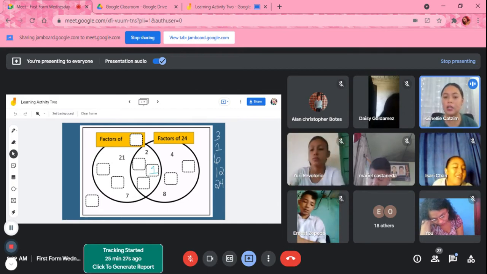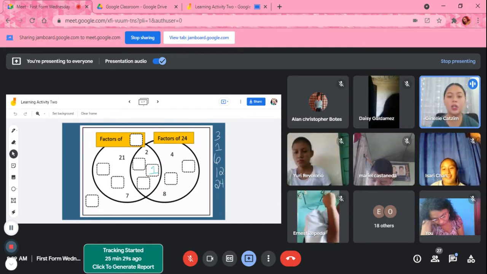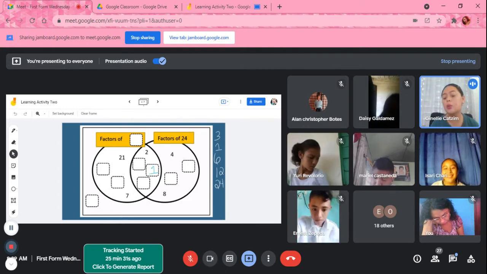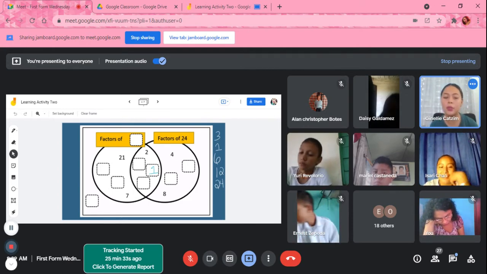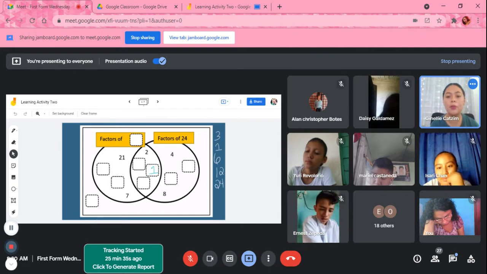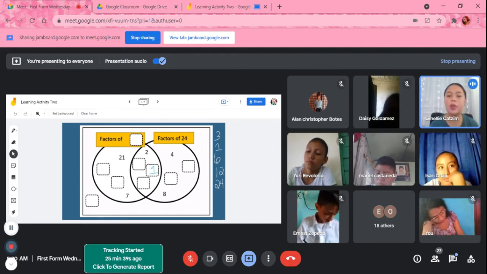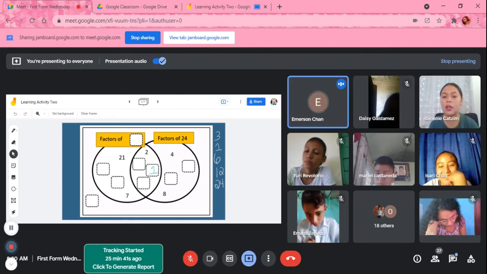We'll have to check whether 3, 6, 12, or 24 go in the center. 3 and 6 go in the center.